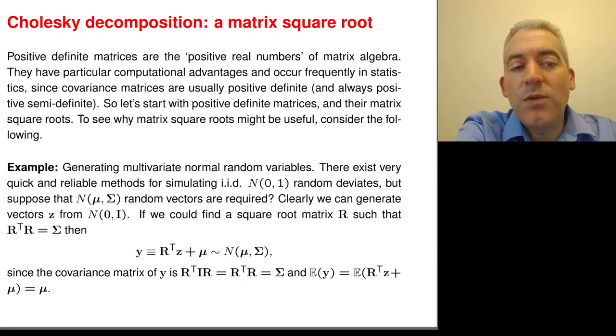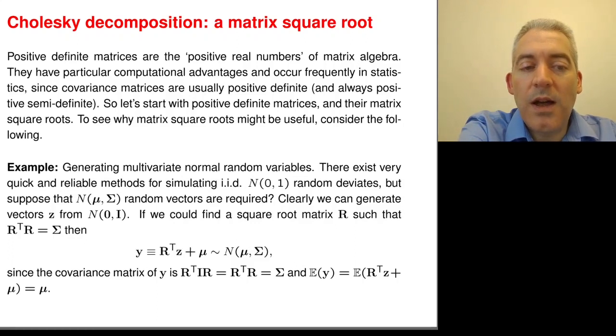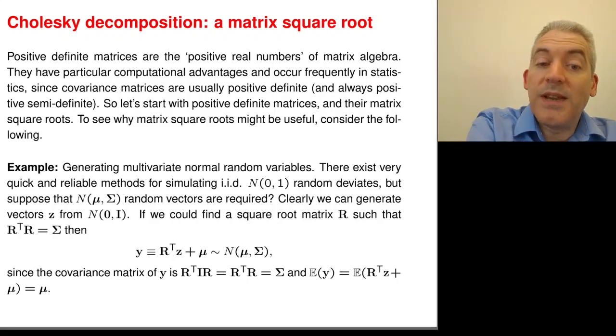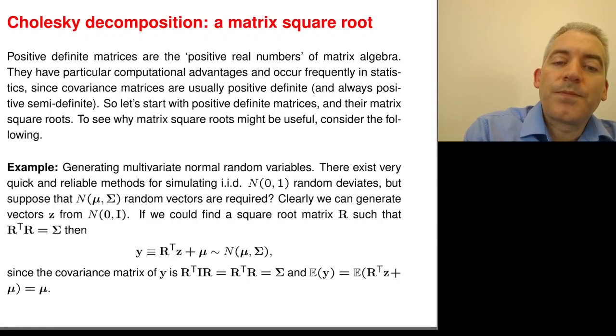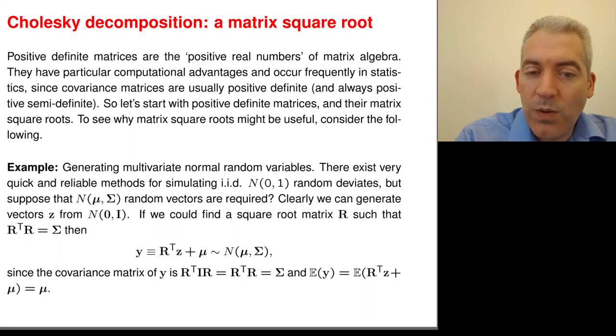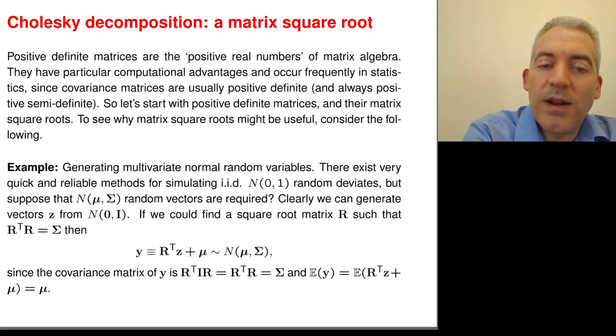Okay, so suppose you could find a matrix R such that R transpose R was sigma, then it's pretty clear that if you multiply Z by R transpose and add mu, if you think about what the mean vector will be and what the covariance matrix will be, well, the mean vector will be just mu, and the covariance matrix will be R transpose R, but by assumption we've said that will be sigma. Okay, so if we could do this kind of square rooting operation, then we would have a way of generating these multivariate normal random quantities.